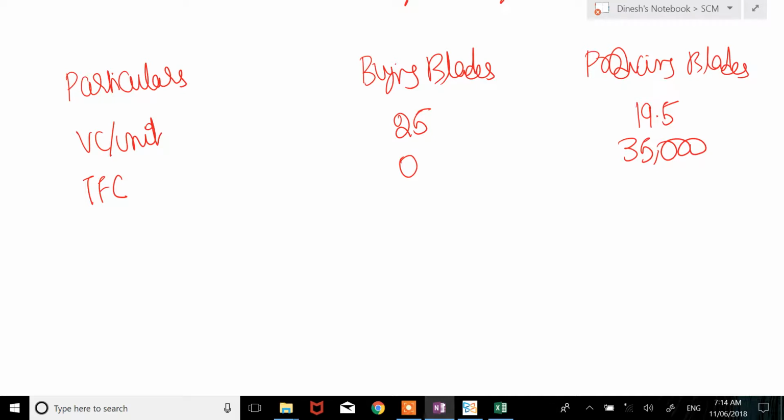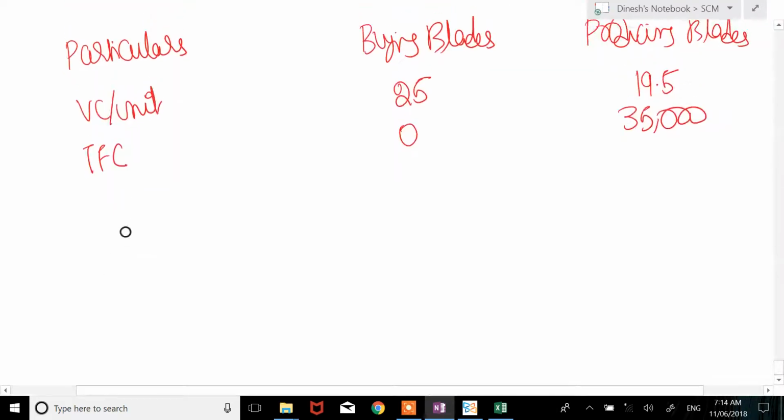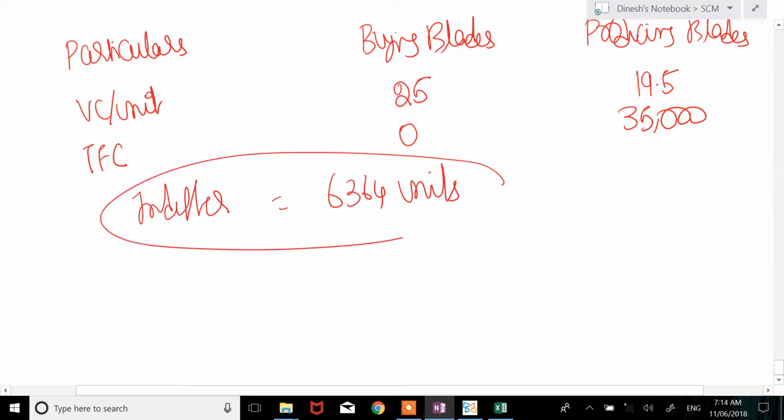What's the indifference point? How much? 6364. Any doubts on 6364? 35,000 minus 0 divided by 25 minus 19.5.